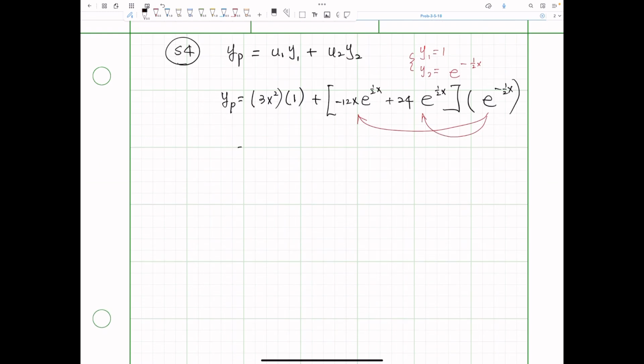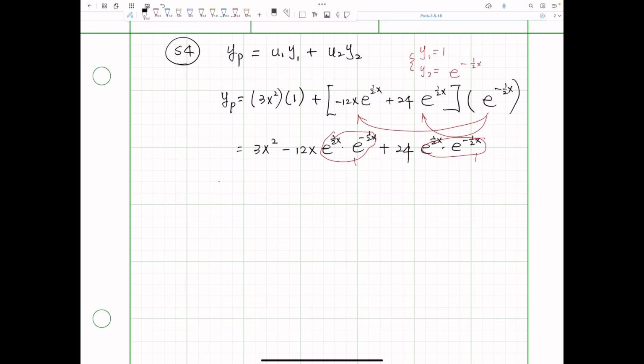Distribute this, then yp equals 3x squared minus 12x e to the 1 over 2x times e to the negative 1 over 2x plus 24 e to the 1 over 2x times e to the negative 1 over 2x. And this will give us 1.